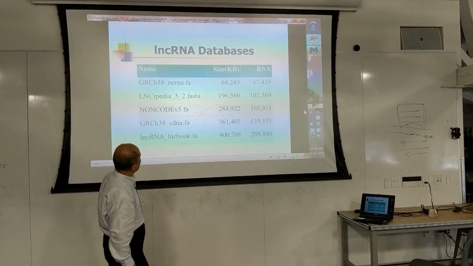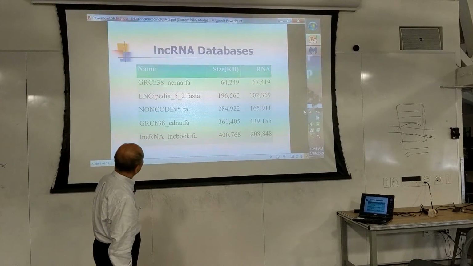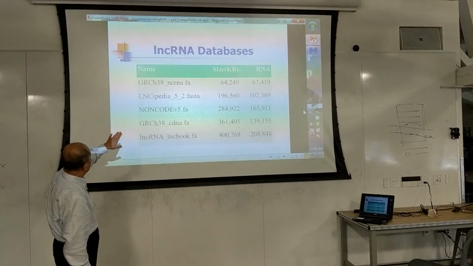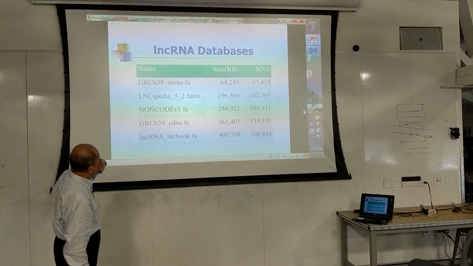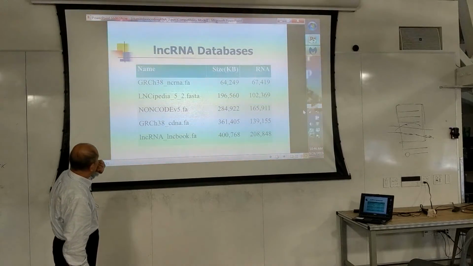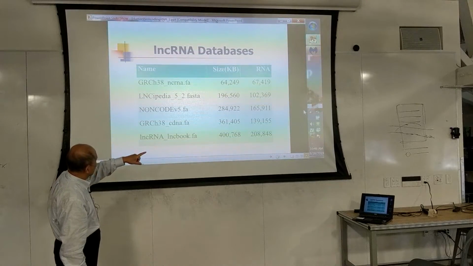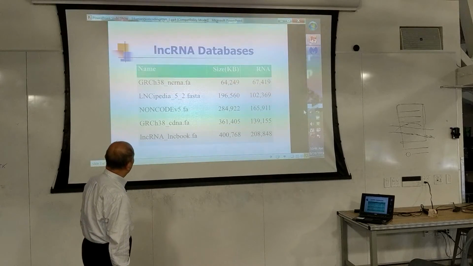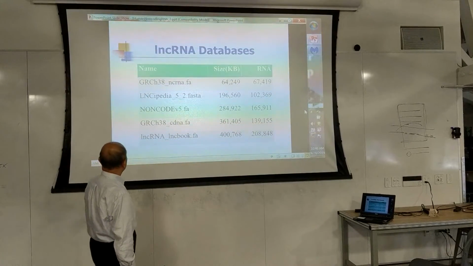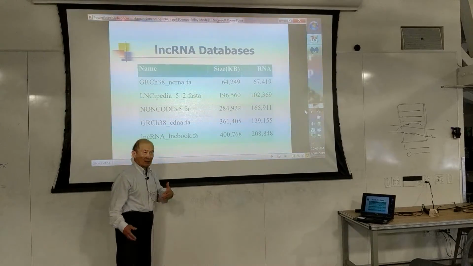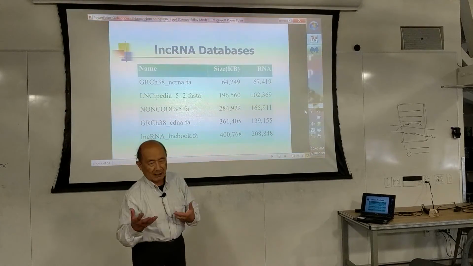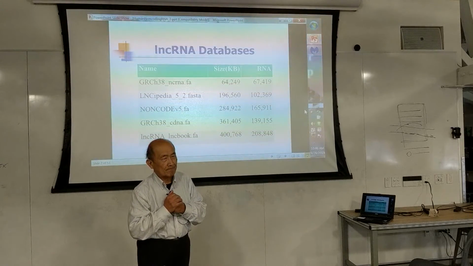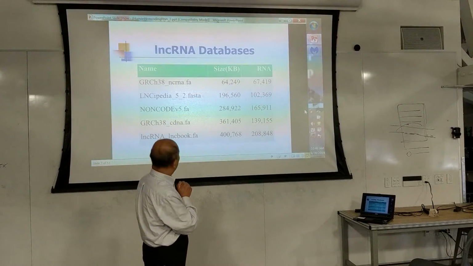But there are bigger collections. LncRNApedia has almost 200 million bytes. And NONCODE, this is another project, has almost 300 megabytes. And this one, cDNA, is very interesting because very early in the genome project, people found that there are lots of RNAs in the brain tissue.